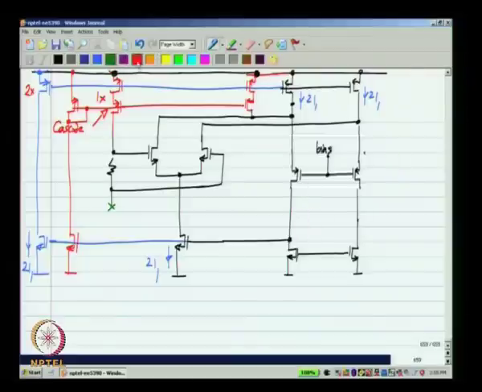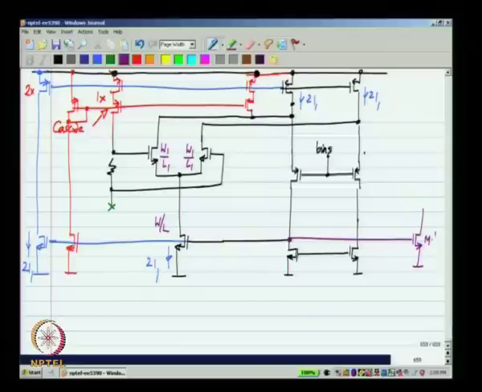So, let me just show a representative differential pair. If this has W by L and this has W1 by L1, you could be using a scaled version of it, that is M times W by L and M times W1 by L1 over there.